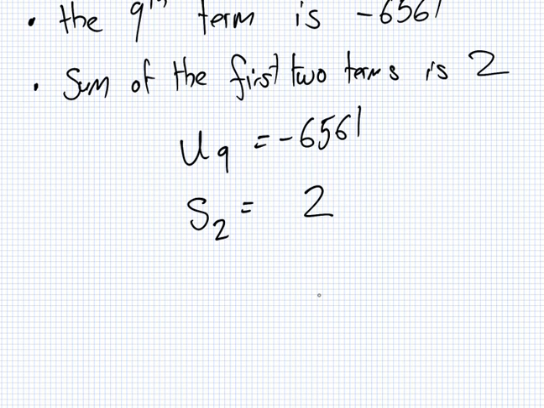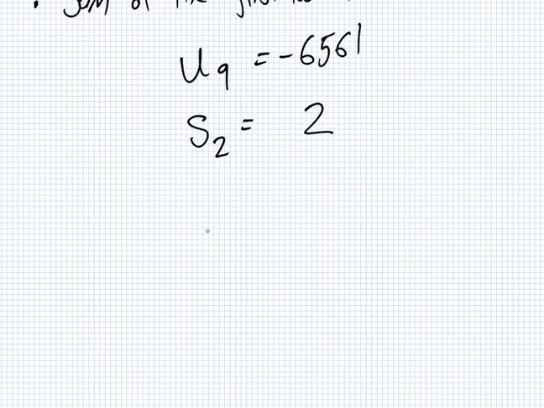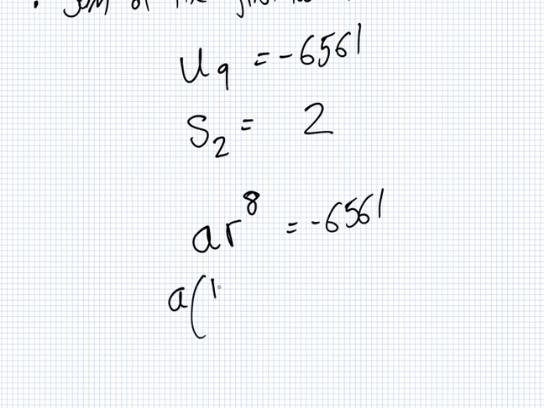Does that make sense so far? Yeah. Now, if I go down a bit, we can use our formula to say a r^8 equals minus 6561, and then S2. You have a choice here, but you could say it's a(1 minus r squared) over (1 minus r) equals 2.